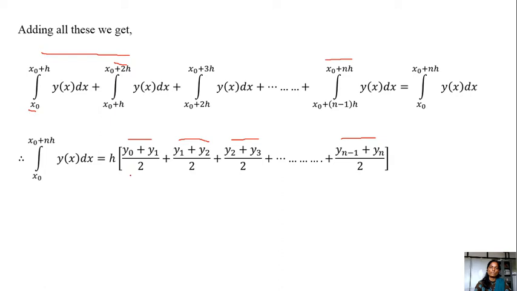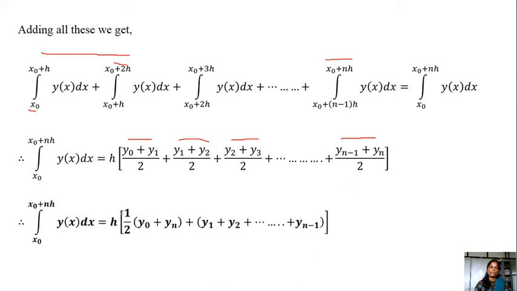So simplify this: y0 by 2 and yn by 2 you can take outside. So 1 upon 2 (y0 plus yn). Now this y1 by 2 and this y1 by 2 becomes y1. Again y2 by 2 and this y2 by 2 becomes y2, etc. yn minus 1 by 2 and here yn minus 1 by 2 becomes yn minus 1.